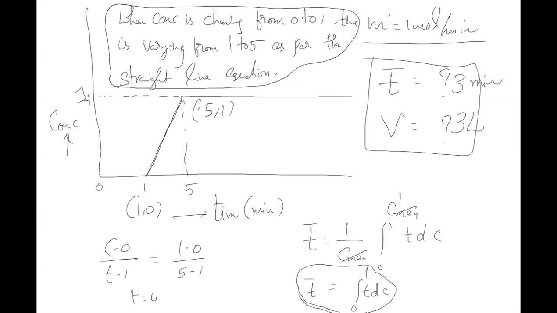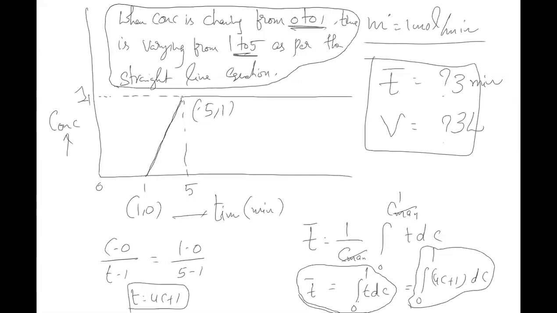So, T equal to 4C plus 1 is the straight line equation. Now, substitute here: integral 0 to 1 of (4C plus 1) dC. This is how you should solve this integral, because here time is a variable and it is a concentration integral. Is time constant when you are changing the concentration? No. When the concentration is changing from 0 to 1, time is varying from 1 to 5 as per the straight line equation.